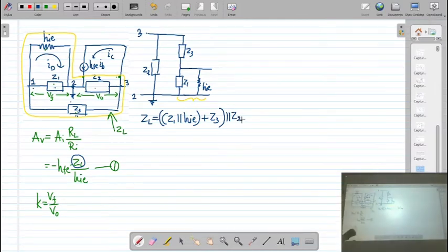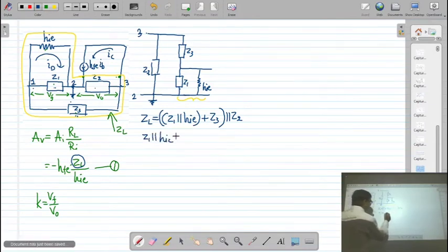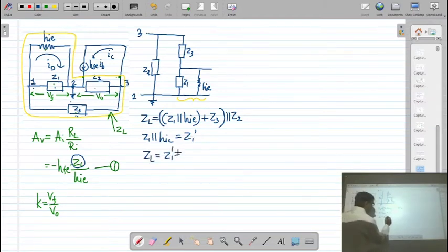So this is actually a load for the oscillator circuit. And here we write the Z1 parallel HIE equal to, let us say, Z1 dash. So my ZL will be equal to Z1 dash plus Z3 parallel to the Z2.